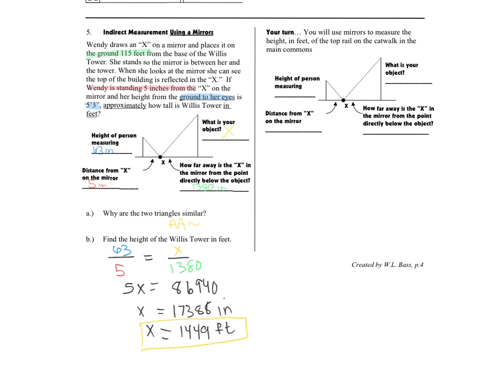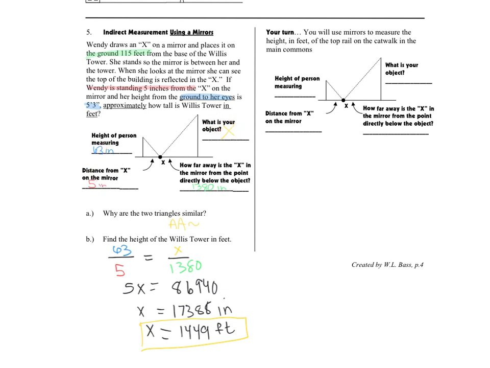If Wendy is standing 5 inches from the X, and her height from the ground to her eyes is 5'3", which is 63 inches, we're looking at approximately how tall the Willis Tower is.